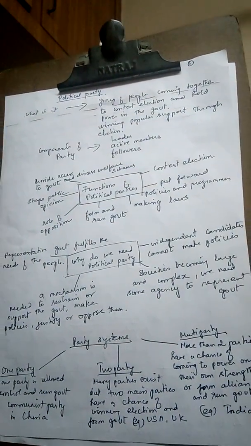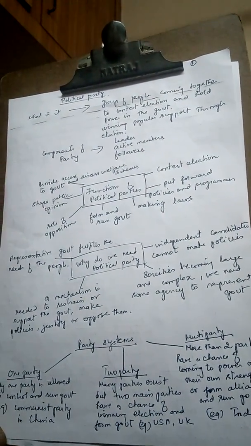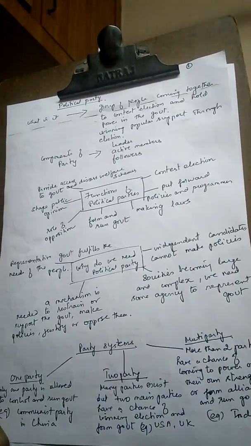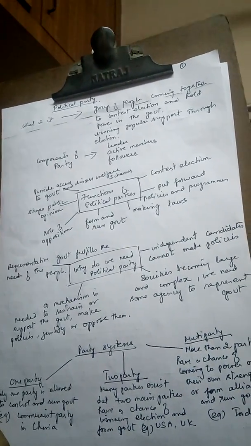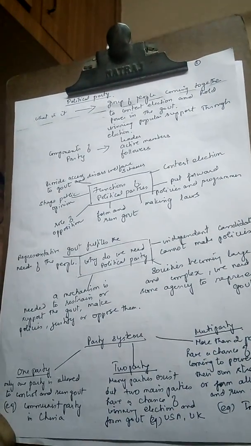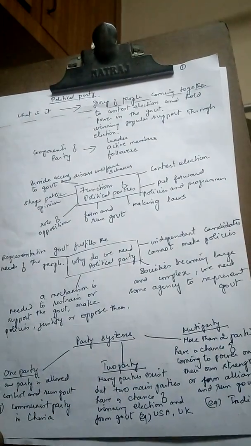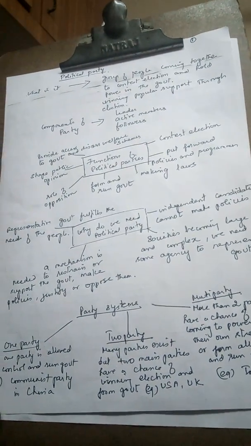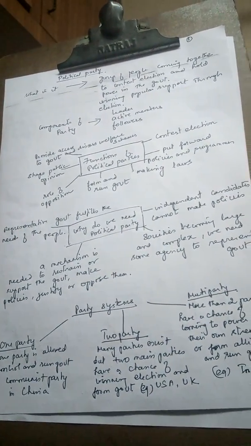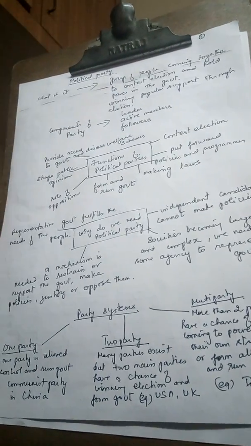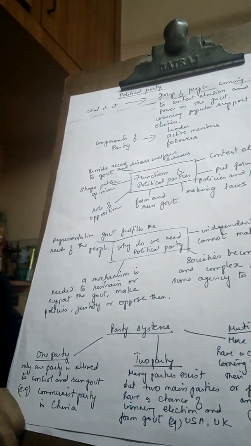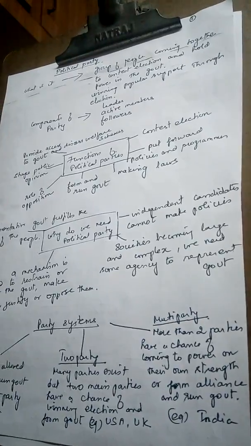Then why do we need political party? So if you remember these points, you can build up, you can expand the points in the examination. The next one, what is one party system, single party, 2 party system and multiple party system.